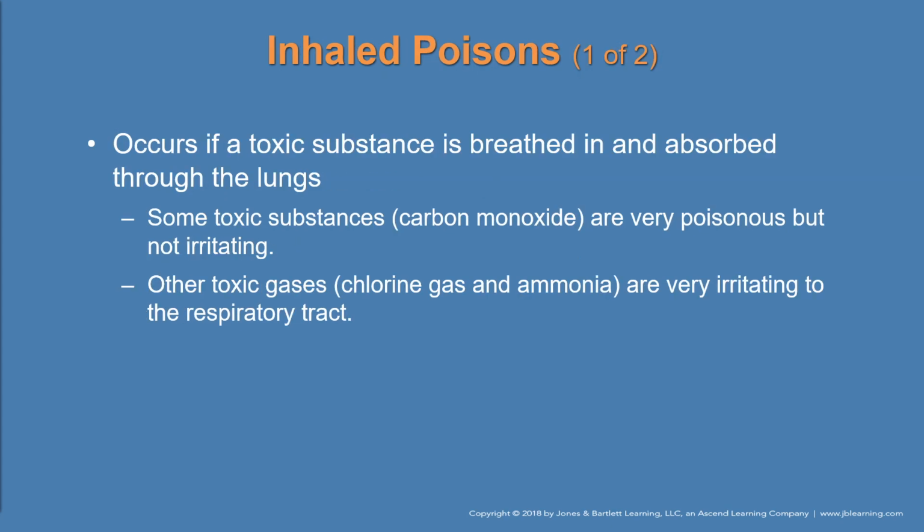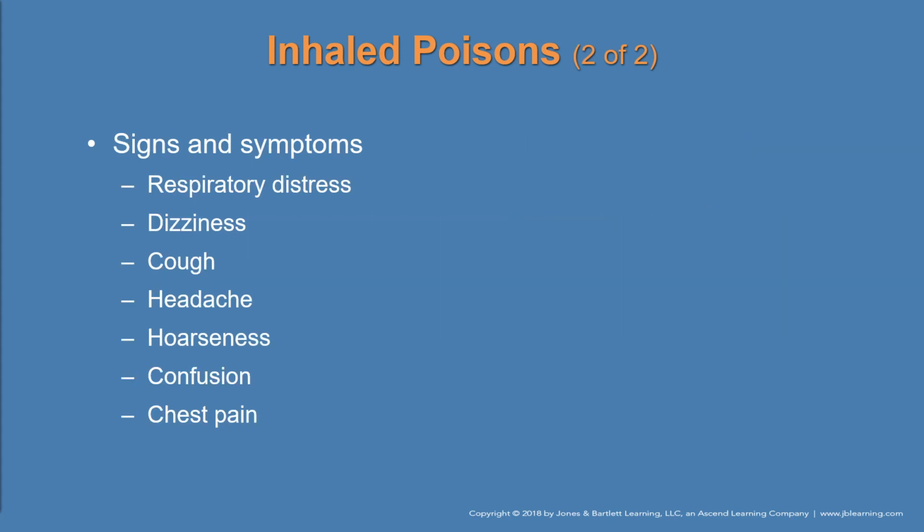For inhaled poisons, a lot of the inhaled poisons that we come in contact with are carbon monoxide and cyanide, but there are other toxic gases like chlorine gas or ammonium that will cause irritation to the respiratory tract. In any case, what we generally see with inhaled poisons is some sort of respiratory distress and then signs and symptoms of hypoxia.